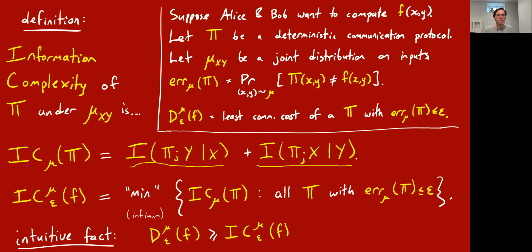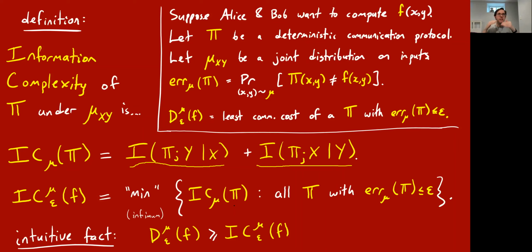I should also mention a funny mathematical thing. You cannot formally write min here. You actually have to write infimum, because it can definitely be the case that for a fixed problem or function f, a fixed distribution mu, and a fixed error term epsilon, there's no one protocol that solves the problem with error at most epsilon but conveys the least amount of information.